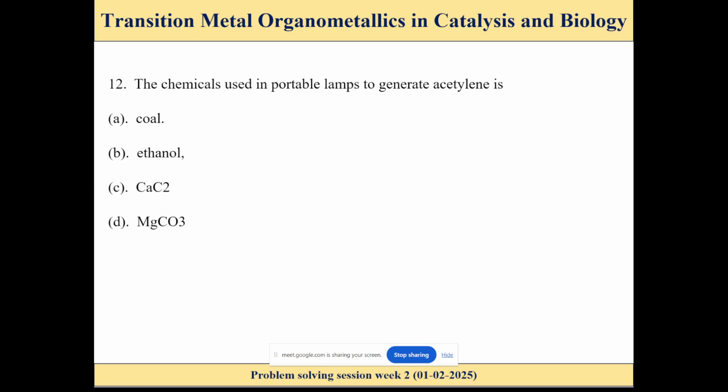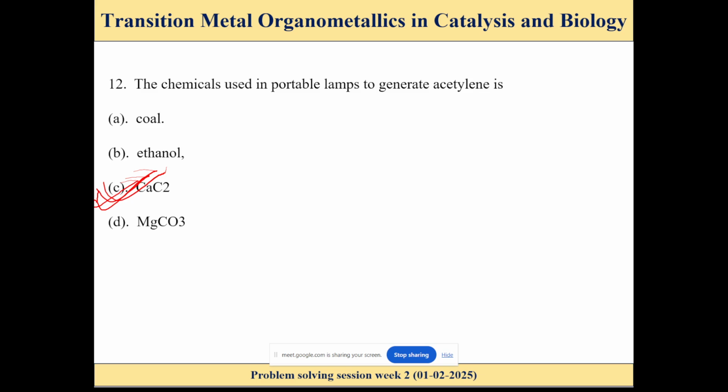So here the carbide is the source for this acetylene. When it reacts with a very small amount of water, it produces very high heat, and it ignites and produces acetylene gas.